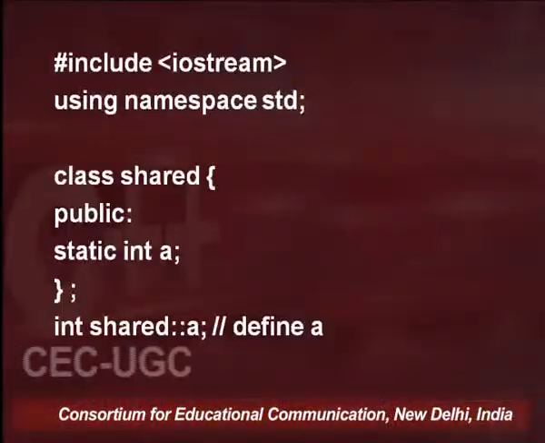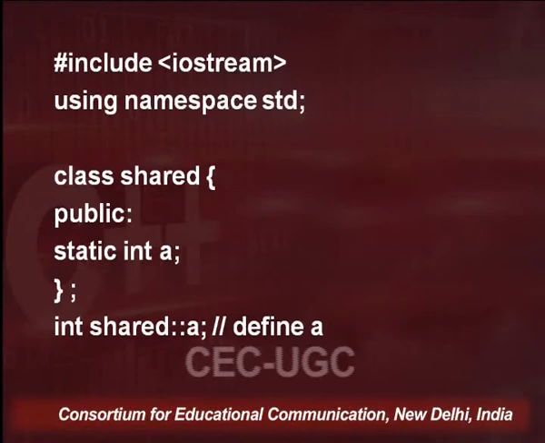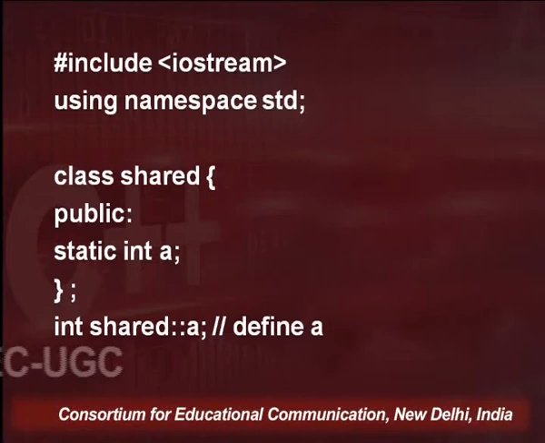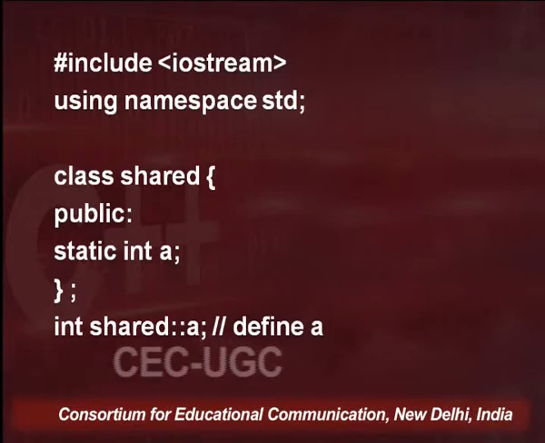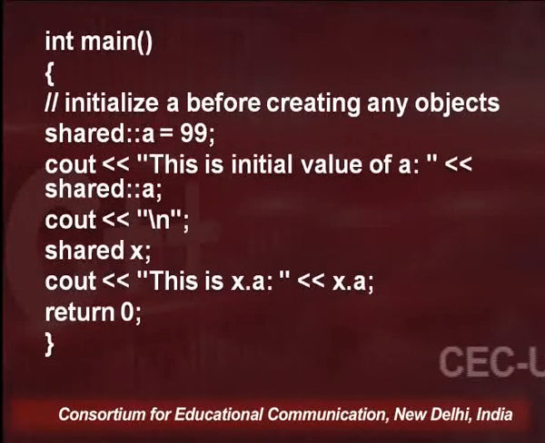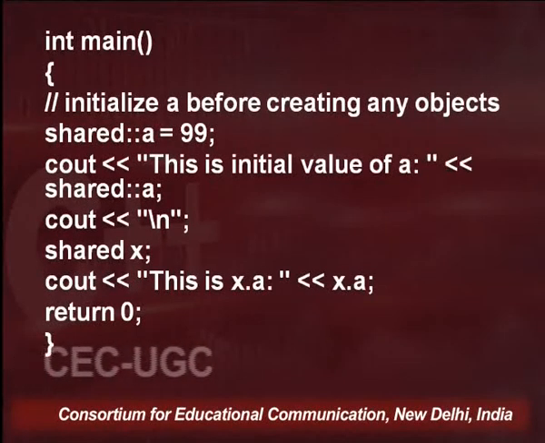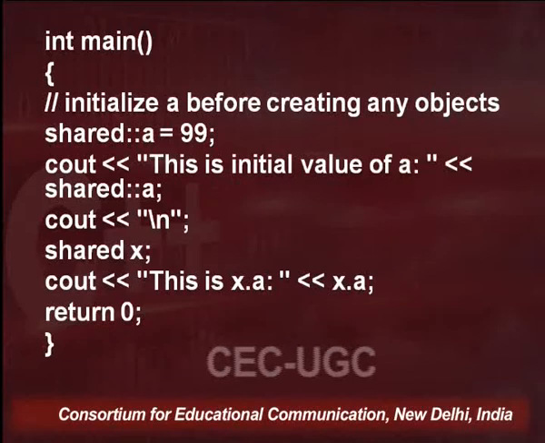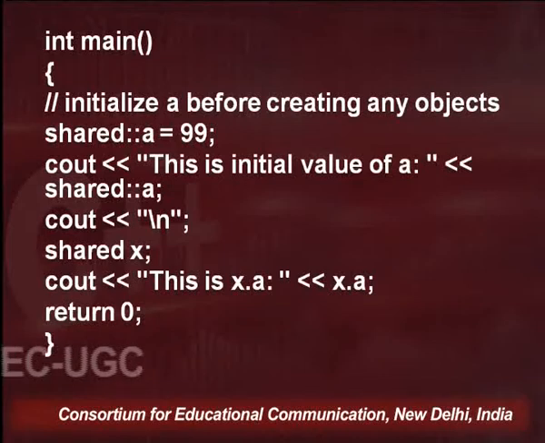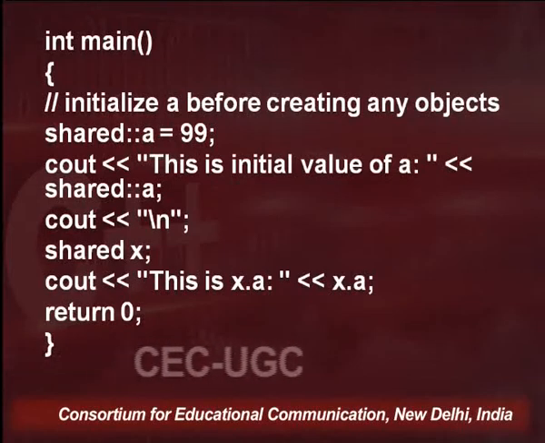of any object. So, here you can see class shared, then within the public section we have static integer A, and then int shared A, normal definition as we have seen in the previous example. So, here A is being initialized before creation of any objects within the main. And the initialization happens with the scope resolution operator of the class.